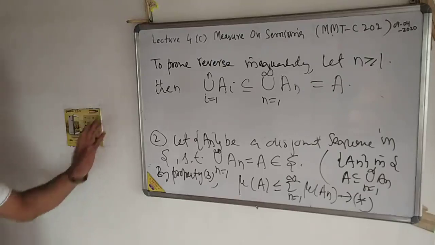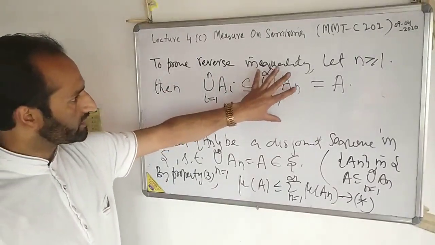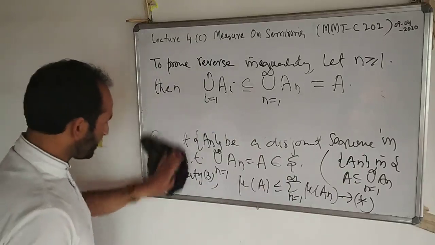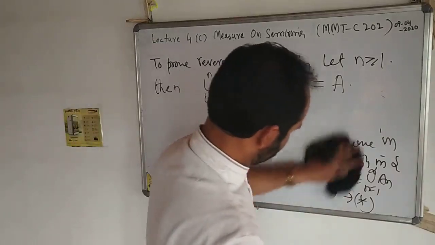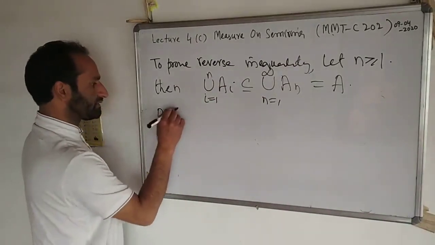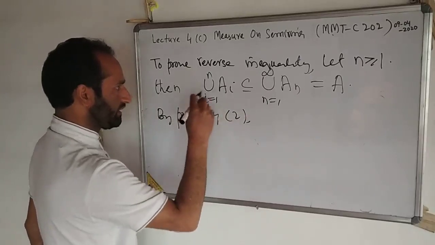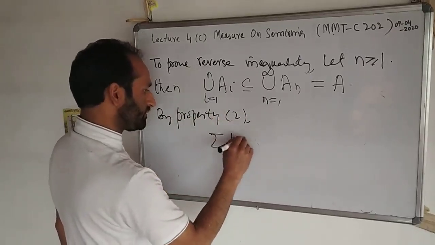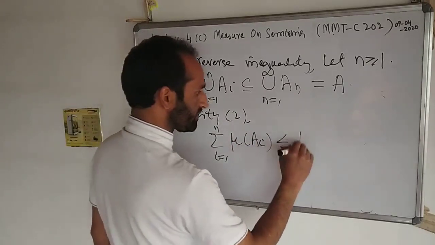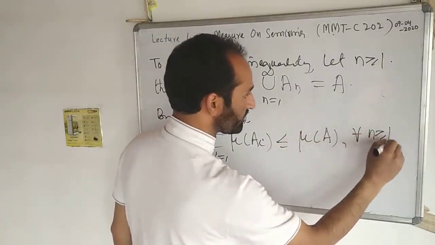So is that clear? This is the finite union. It is a subset of the countable union, and that countable union is equal to A. Now let's apply the second property. By the second property, we have the summation mu of Ai, i runs from 1 to n, is less or equal to mu of A. This is true for all n greater or equal to 1.